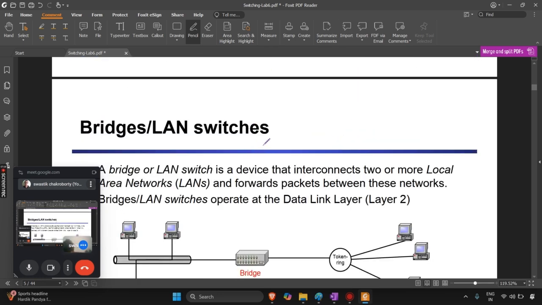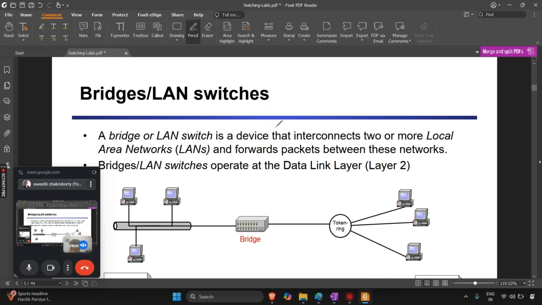Now we come to the bridge. A bridge or LAN switch is a device that interconnects two or more local area networks.